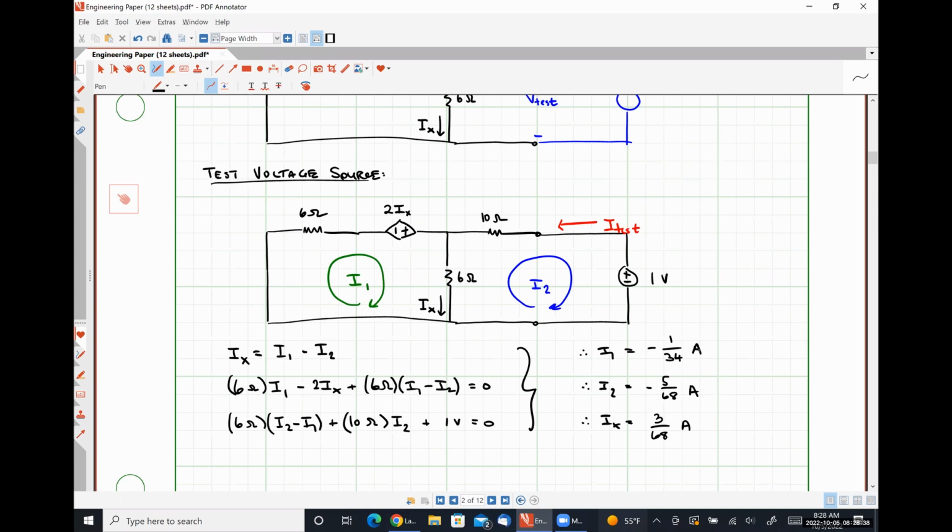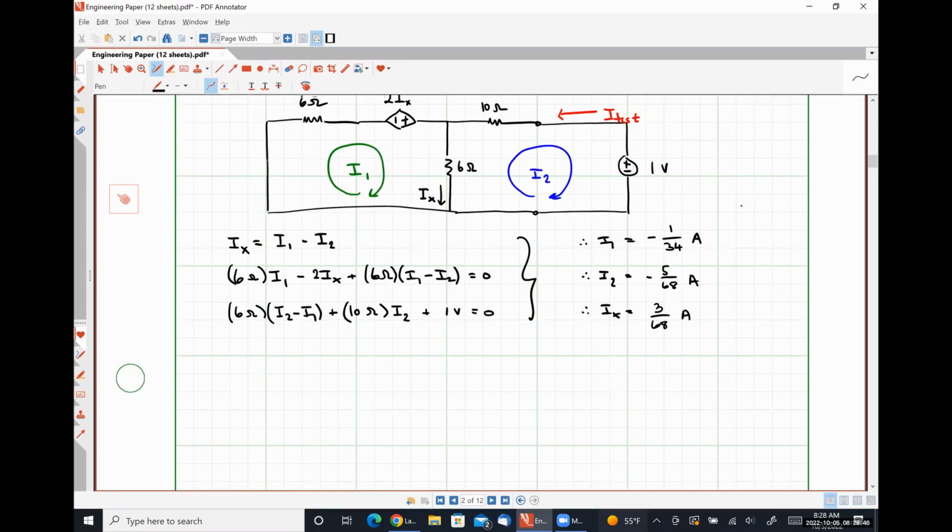All right. So what's I test? Negative I2. So that's 5/68 of an amp. And from this, R Thevenin is V test, which we chose, over I test, which we solved for.